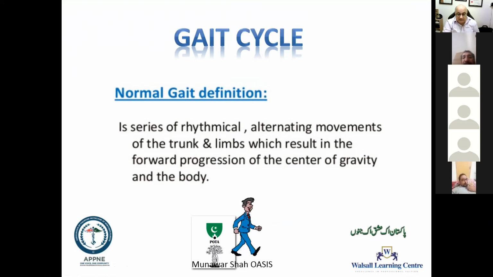It is a series of movements which causes the body to move and progress from one place to the other. Keep it simple, always simple, so that you can remember it. Don't read the book's definition. Book definitions are always difficult, and they've been modified so many times. It's rhythmical movements which allow you to move your body from one place to the other.